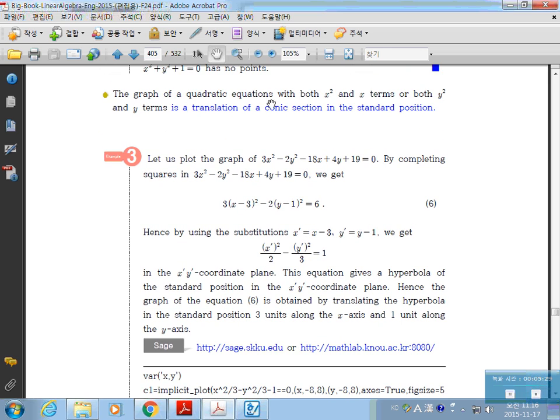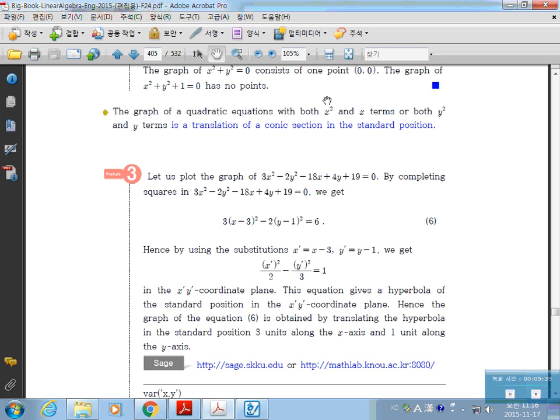The graph of a quadratic form with both x squared and x terms, or both y squared and y terms, is a translation of a conic section in the standard position. If you have x squared and x terms together, then you can complete the square. You can make the forms in the completing-the-square form.